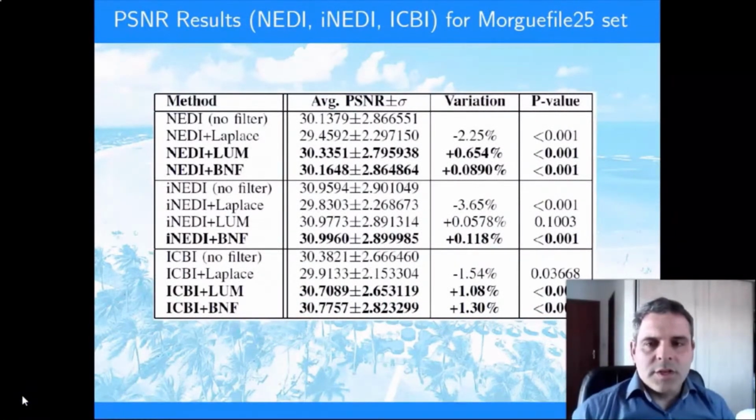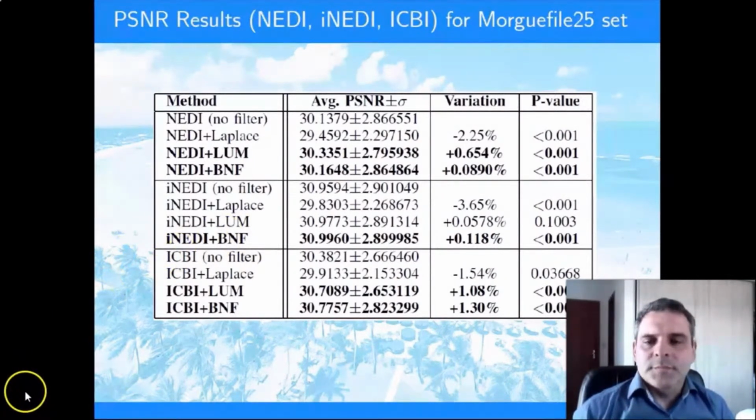Now, considering other sharpening filters and other interpolation methods for the Morgfile 25 set, the LUM filter and BNF were both able to increase the average PSNR for this set, except for the INDI algorithm, where only the BNF filter was able to achieve statistically significant improvements.